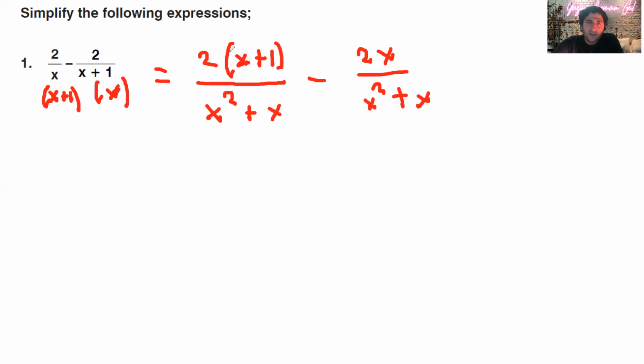Now I can work with the top part, 2 times x plus 1.